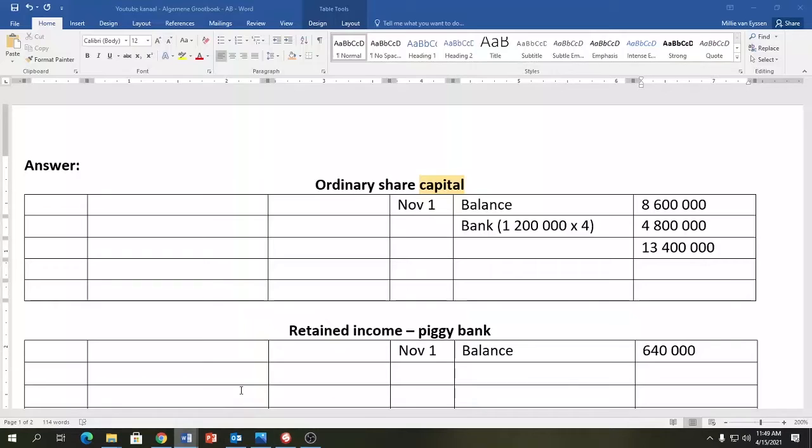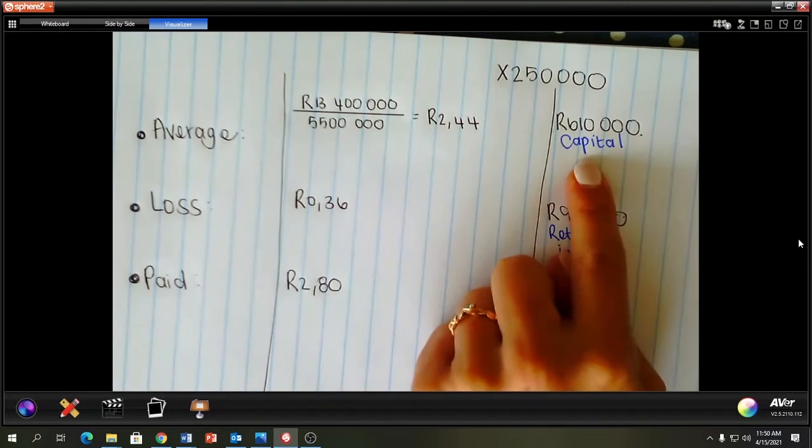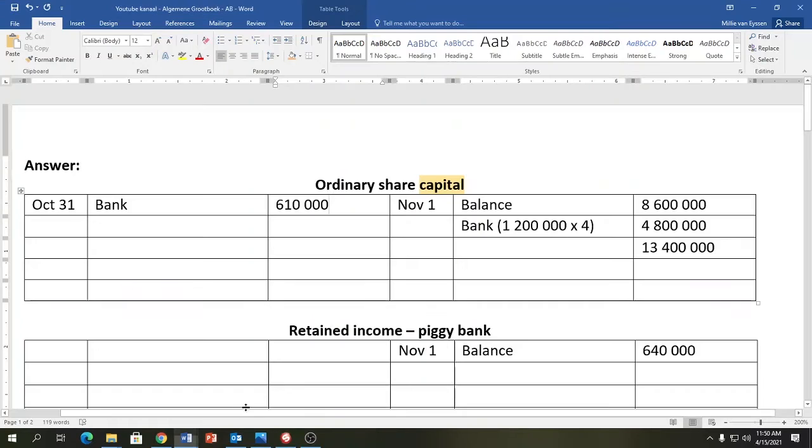So now if I go to my capital account, I'm going to enter the date, October 31st. I am paying, and the amount that we said goes to our ordinary share capital is 610,000 rand. The other one that I'm now going to enter is the 90,000.